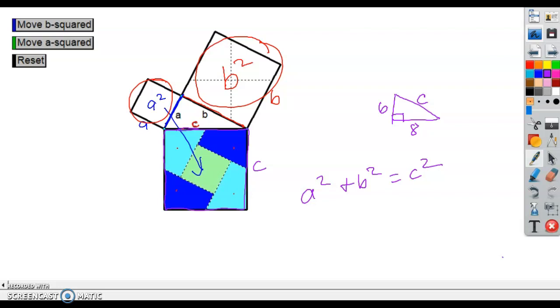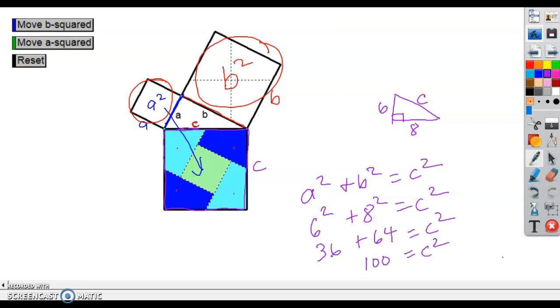We can square the A and square the B, and those are interchangeable, and set it equal to C squared. So 6 times 6 is 36, 8 times 8 is 64, and that's not an 8 times a 2, that's an 8 times an 8, equals C squared. Notice how I'm showing my work step by step. 36 plus 64 is 100. That equals C squared.